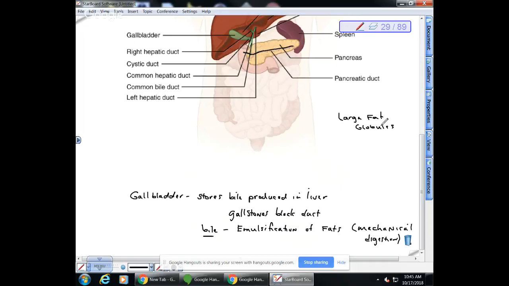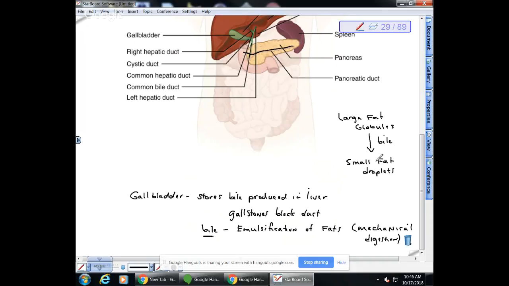And the enzymes can't get access to them very well, so the bile turns it, like a detergent, into small fat droplets. Okay, so now we have a large surface area over which the lipases can then come in and break down the lipids, so that you can absorb them across the surface of the intestine.